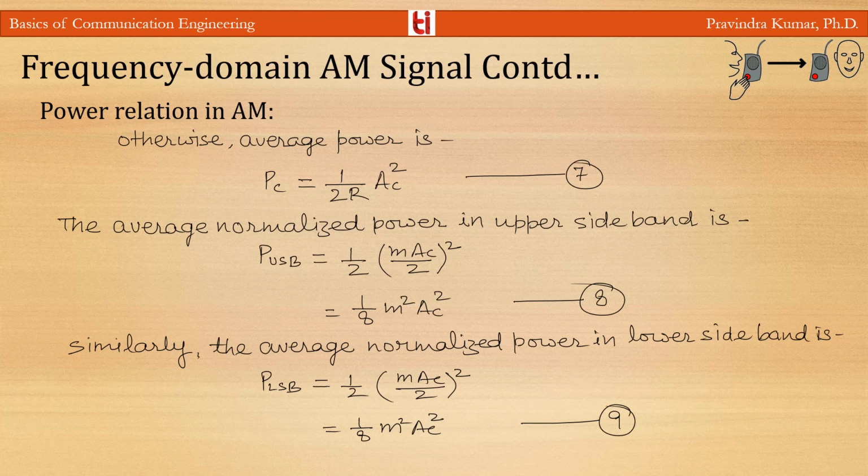So the average normalized total power of the AM wave will be the average power in the carrier, plus the average power in the upper sideband, plus the average power in the lower sideband, because an amplitude modulated signal has these three components: carrier, upper sideband and lower sideband.